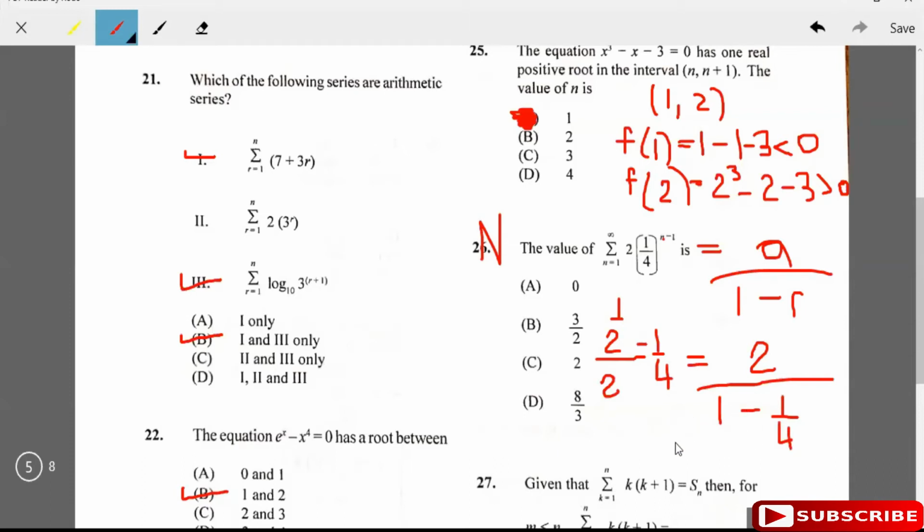So you find the first and the second term, and then you find the common ratio from there. And then you can use the sum to infinity formula, a over 1 minus r. So it works out to be 2 times 4 over 3, that's 8 over 3. Easy question.